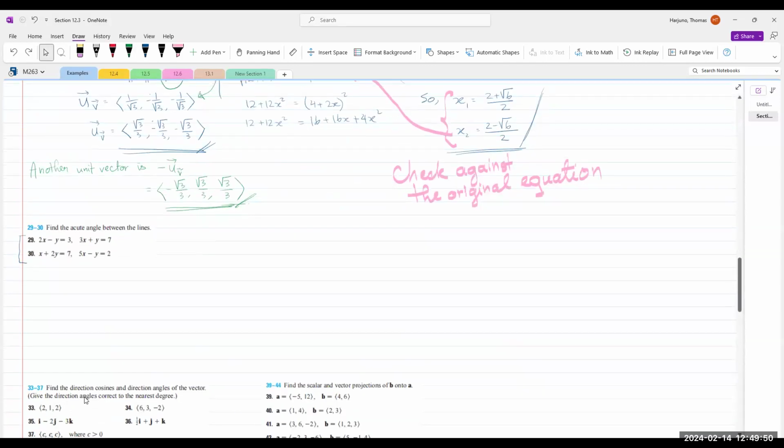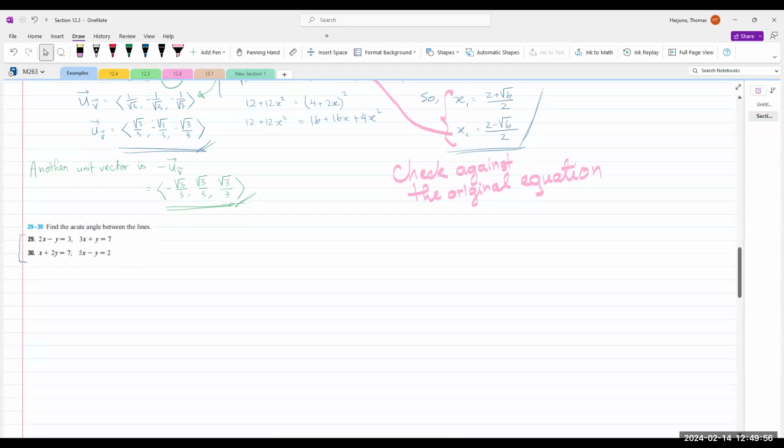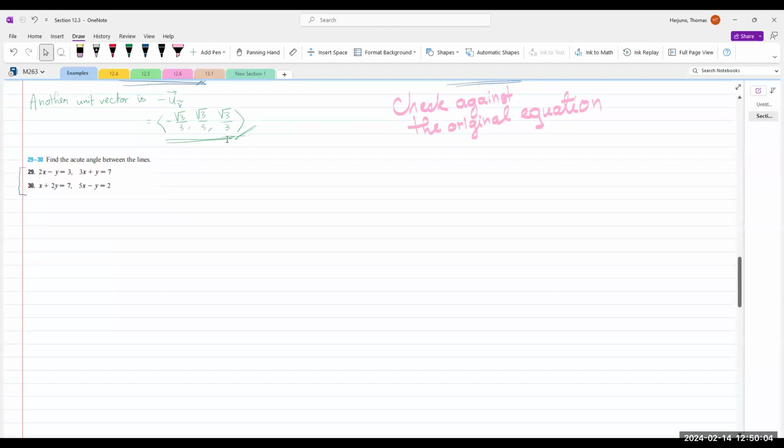Next: find the acute angles between lines. We actually learn how to do this problem in pre-calculus. Supposedly, you learn this question in pre-calculus. Let me give you the idea. Pre-calculus method, which I will erase later on.